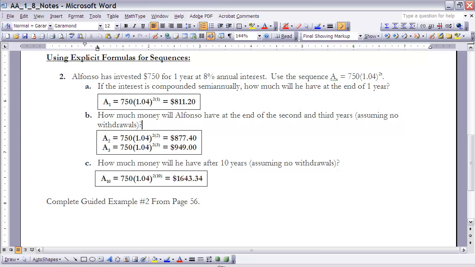If we're doing this as a sequence, remember that t, the time, is limited to years. So you can't look at the value after 1.5 years. We're only looking at the first year, the second year, the third year, and so on, every year on its anniversary.